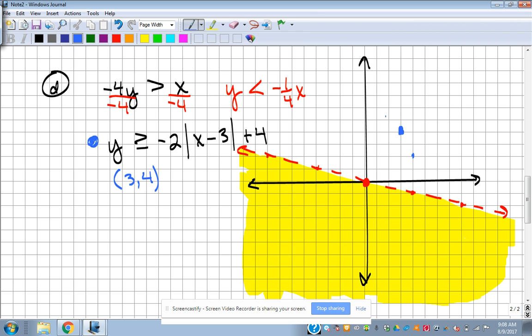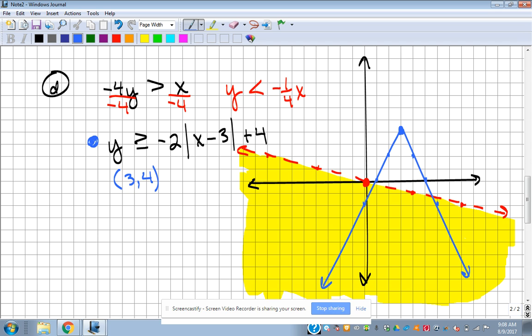Down 2, right 1. Down 2, left 1. Down 2, left 1. Down 2, right 1. Do that a few times. That shape. Dotted or solid? Solid. That's equal to mark. So we can go solid. Okay. Shading.